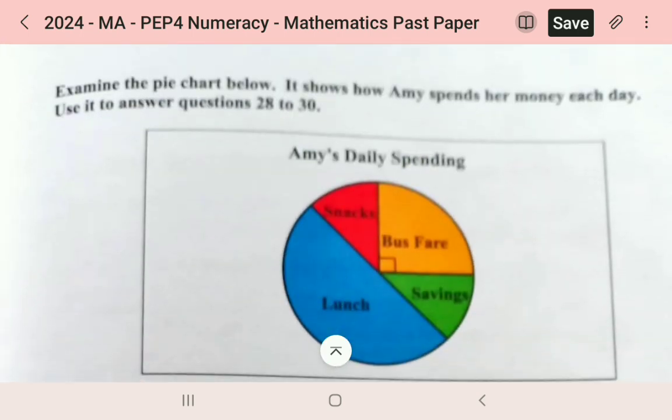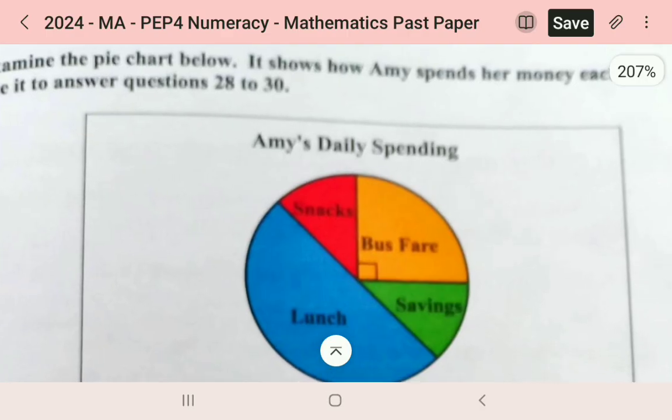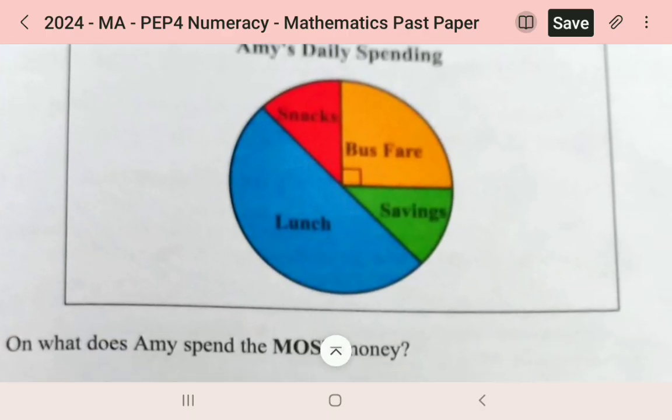Moving on. Examine the pie chart below. Some people call it a circle graph. It shows how Amy spends her money each day. Use it to answer questions 28 to 30. So this is a source for all the 3 items remaining. This is Amy's daily spending.